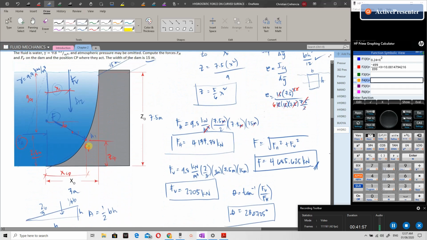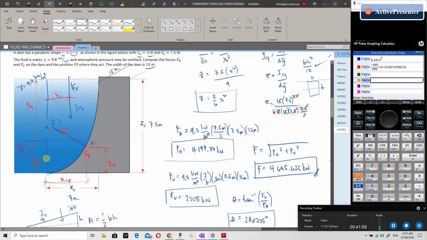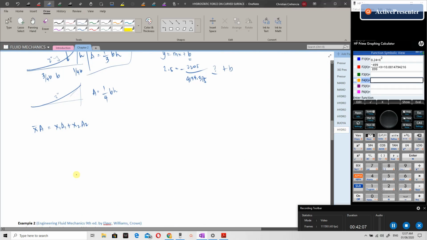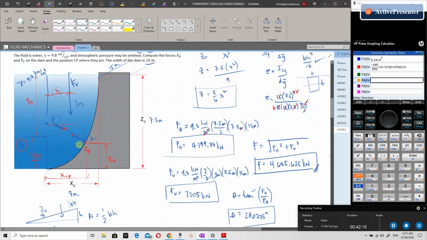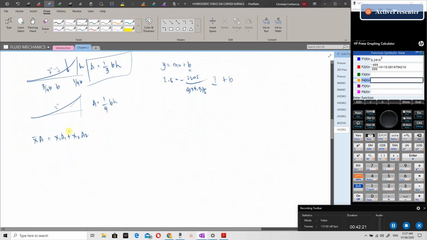Pero ano yung x bar natin? So rectangular yung buong area na kinoconsider natin. So ang x bar natin dyan is yung gitna. Ang area kasi natin by the way is x times z. Okay. So area natin is xo then z sub o. Then yung x bar natin is xo over 2.